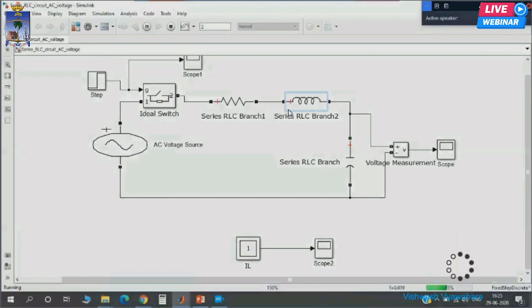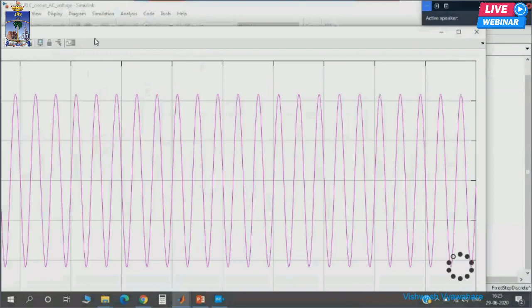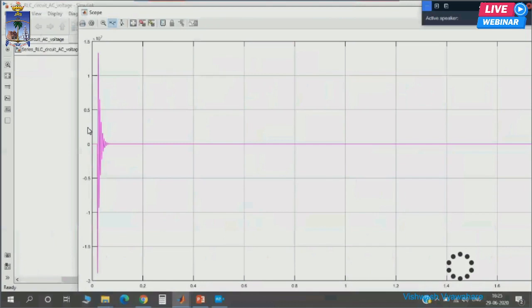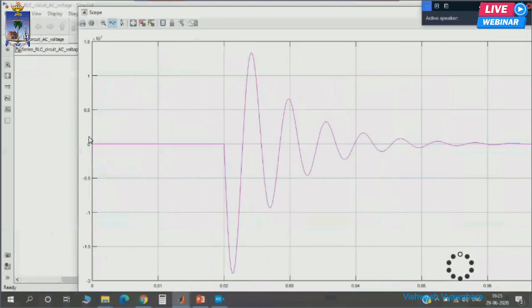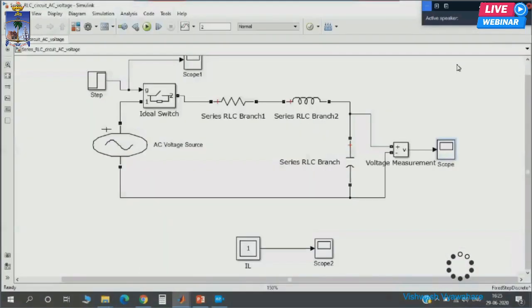It's going to behave like a current source. Okay, and the answer that we are going to get will be something like this. There is some initial inductor current present, and this is how it's going to behave basically.